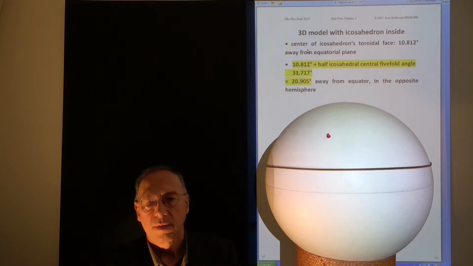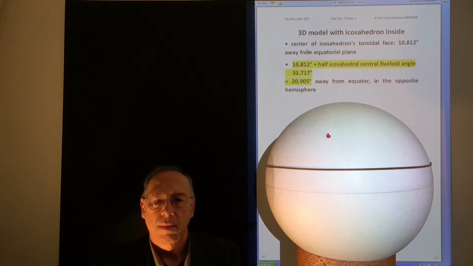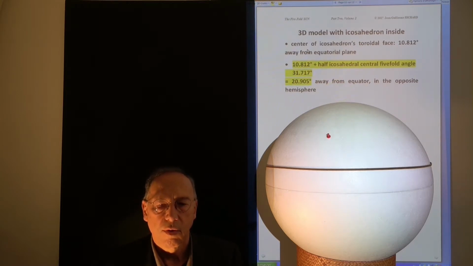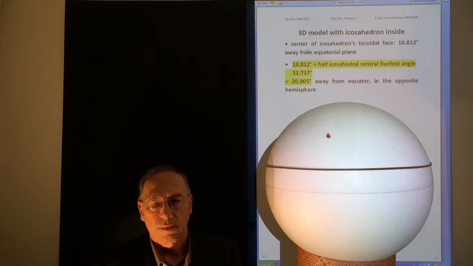We can now have a look at our icosahedral arrangement to see how it may help us understand this low latitude phenomenology of the sunspot zone. Here is shown a 3D model over which we have a red dot showing a latitude of approximately 30 degrees, poleward of which, as we reported, there are no sunspots.